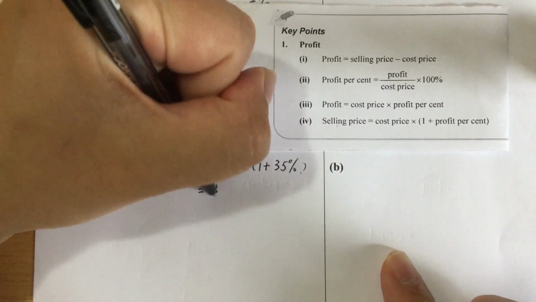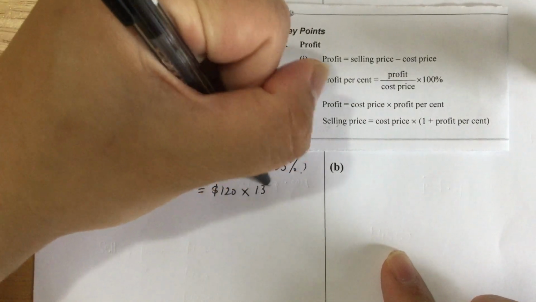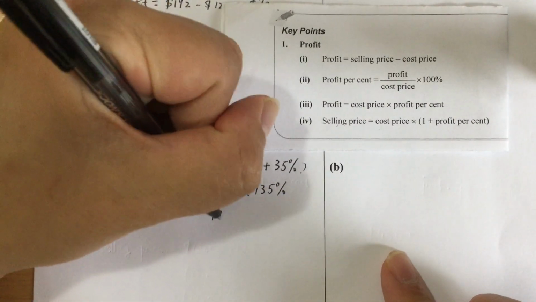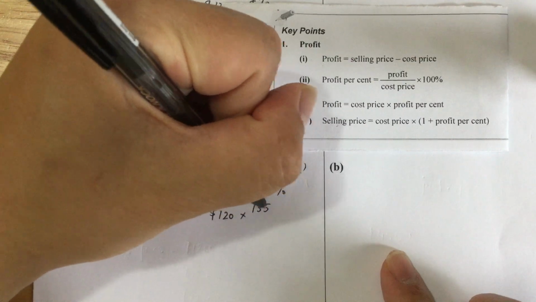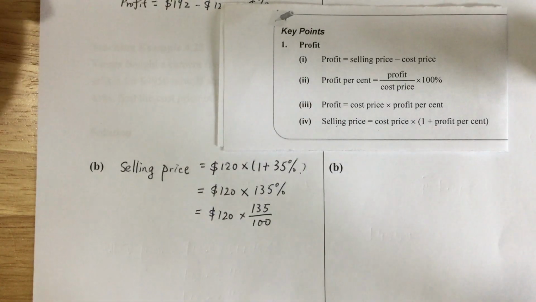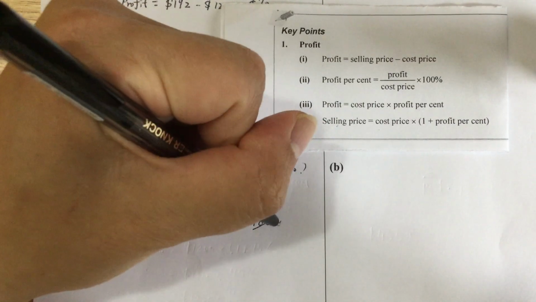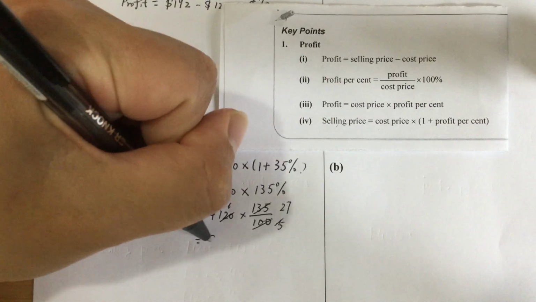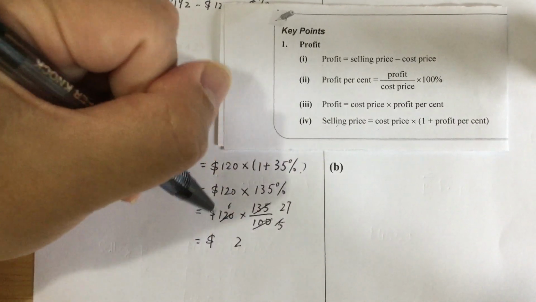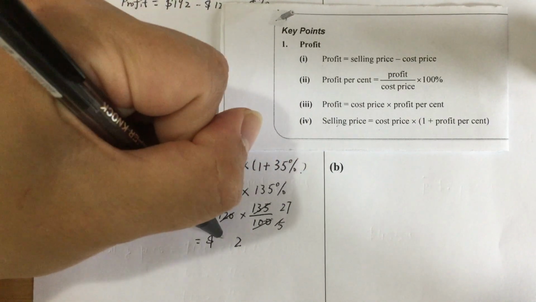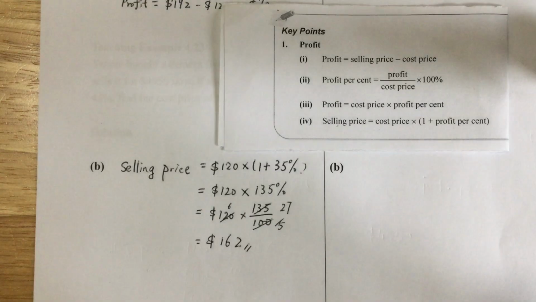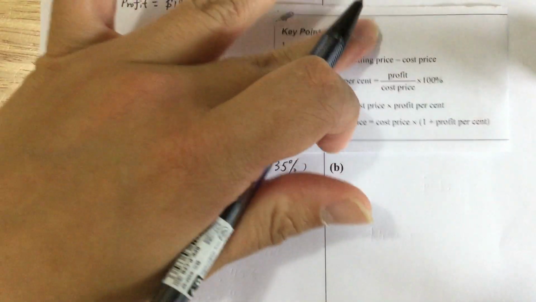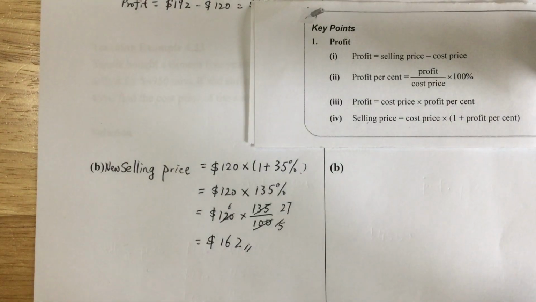So you will have $120 times 135%, which is $120 times 135 over 100. Then we do the cancellation: cancel 5 with 6 and 2, and we get 27 times 6. So $162 will be the new selling price. This is part B. So we use the formula once again.